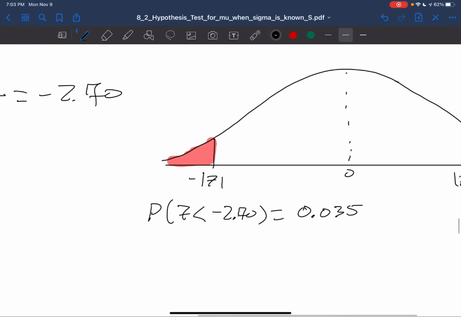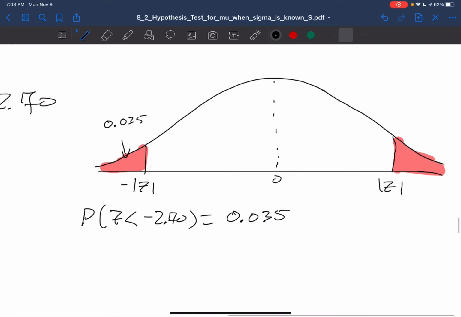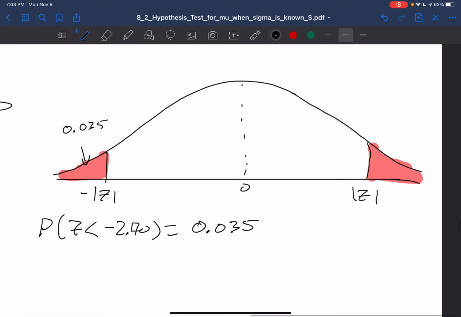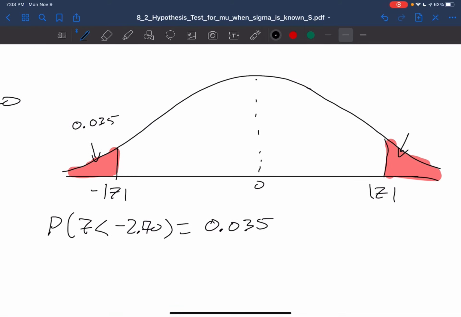So the area here is going to be 0.035. And again, since this is symmetric, that means the area here is also going to be 0.035.